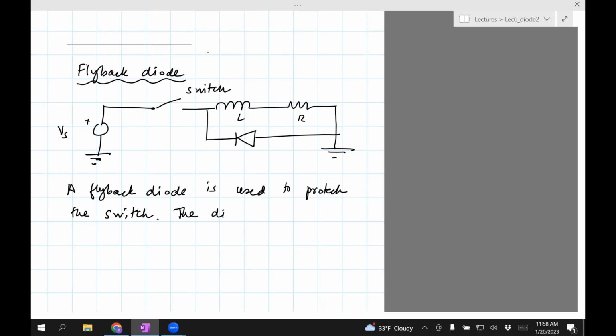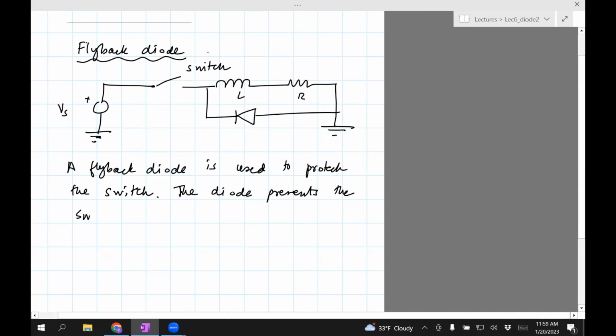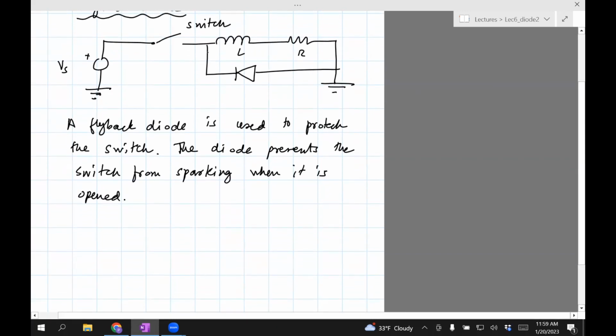The diode prevents the switch from sparking when it is opened.